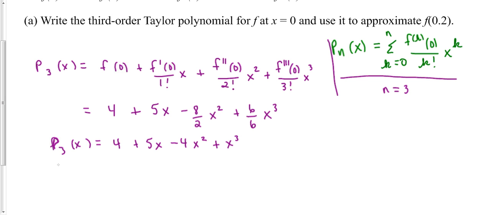And then if we want to use this to approximate f of 0.2, then we're just going to substitute in 0.2 everywhere that we see x. And this you can plug into your calculator, and you're going to get 4.848.